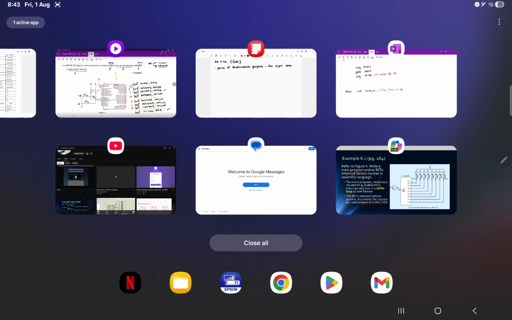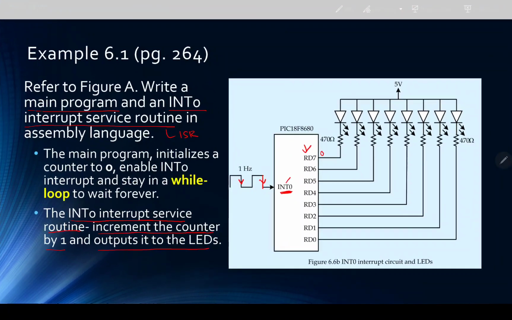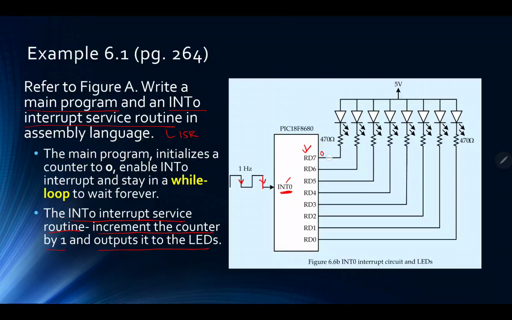And if you look back at this circuit, the configuration is a sink in current. So in order for you to turn it on, you have to give logic 0. So for the initialization, we want to turn all of these off. So we give logic 1 so that all the LEDs will be off initially.